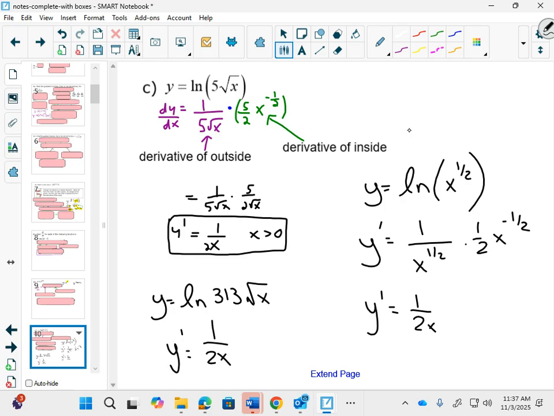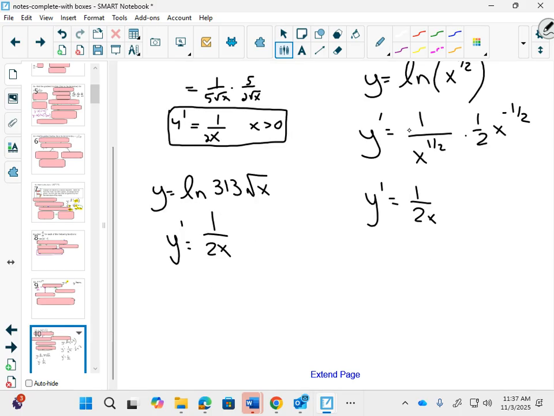There's your derivative. Why does the 5 not matter? Why does the 313 not matter?